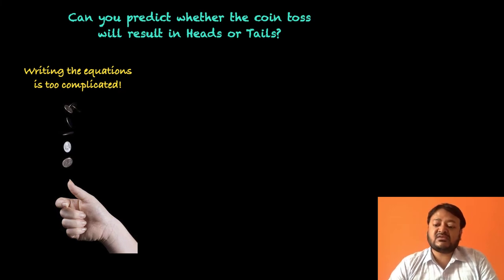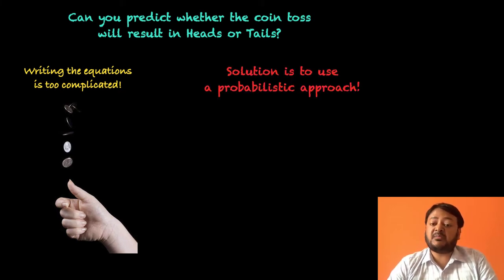Because of these reasons, often what we do is to adopt a probabilistic approach. So essentially, if you have a coin and you want to predict whether the result will be a head or a tail, we can't do so exactly for every single coin toss, but what we can say is what would happen if we toss the coin many number of times.